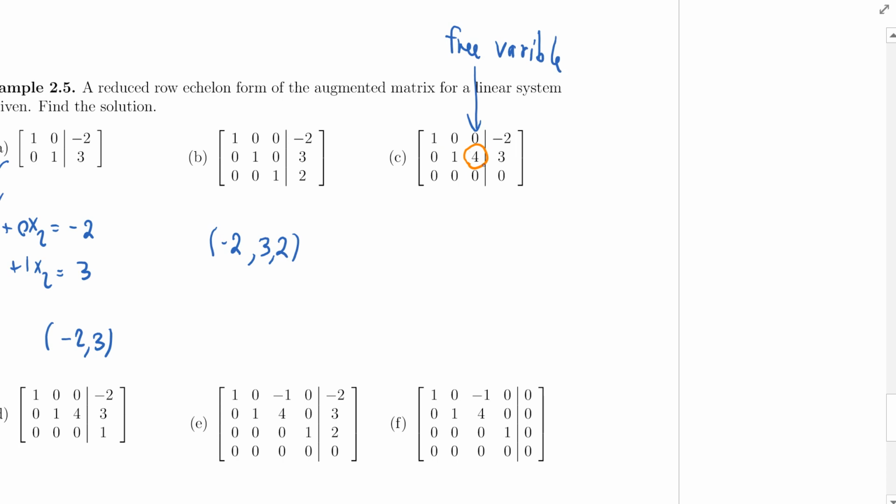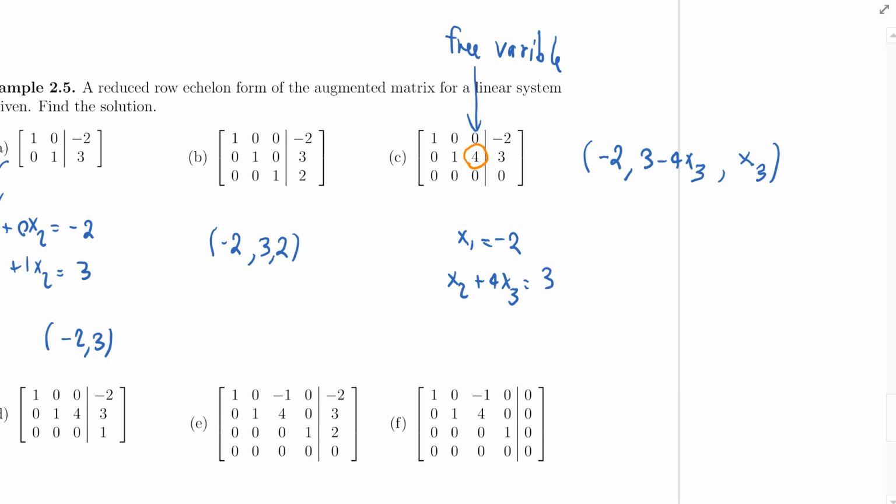If I were to write the equation form for this, that's going to be x1 equal to negative 2, and then x2 plus 4x3 equal to 3. So the answer for the system of equations is going to be that my x1 is going to be negative 2, my x3 is free, so it can be anything, and then my x2 is going to be just 3 minus 4x3.